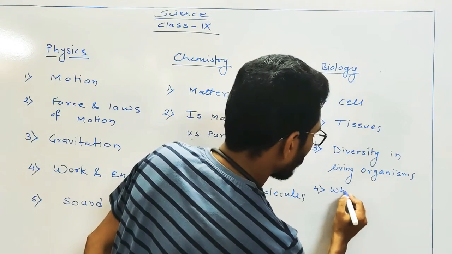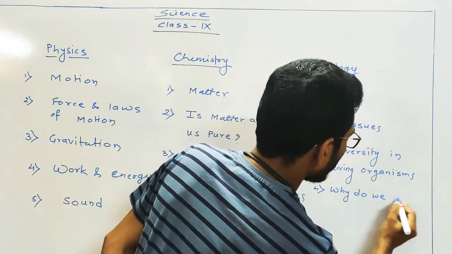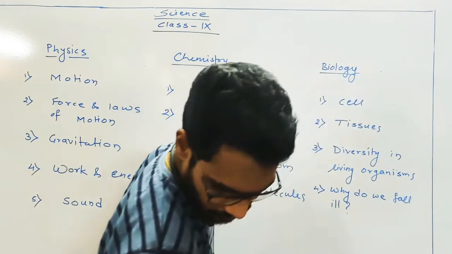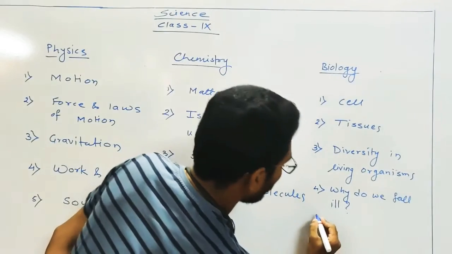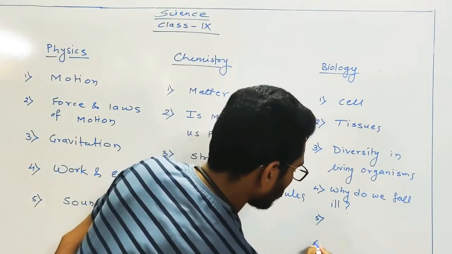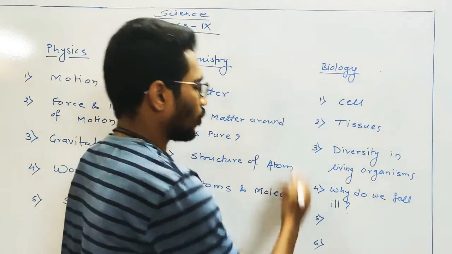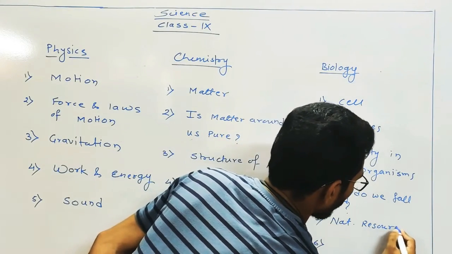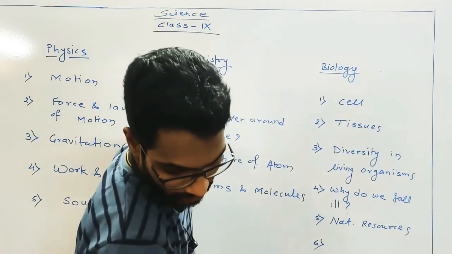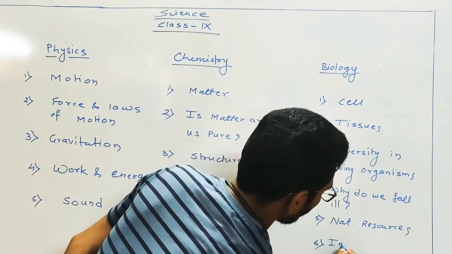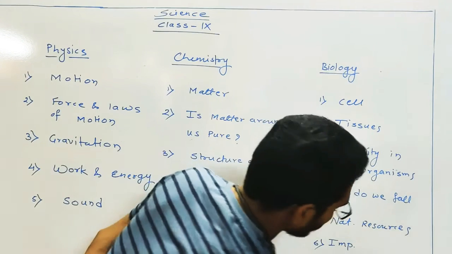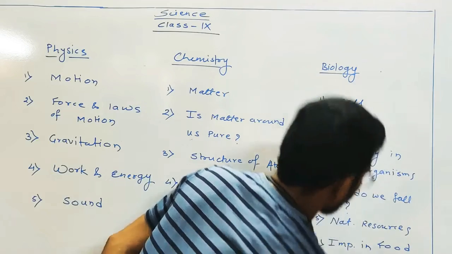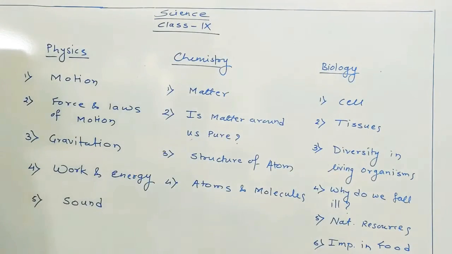Number 4, why do we fall ill? Number 5, these 2 chapters are from general science but come under biology, that is natural resources, and the last chapter is improvement in food resources. So this is about your syllabus.